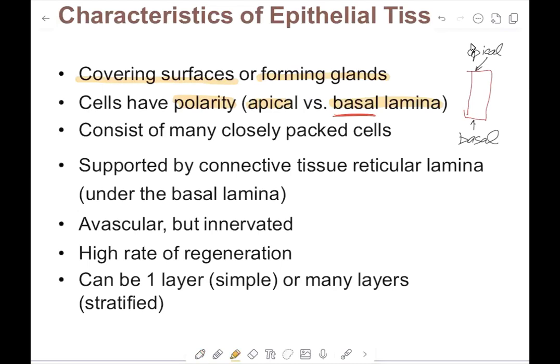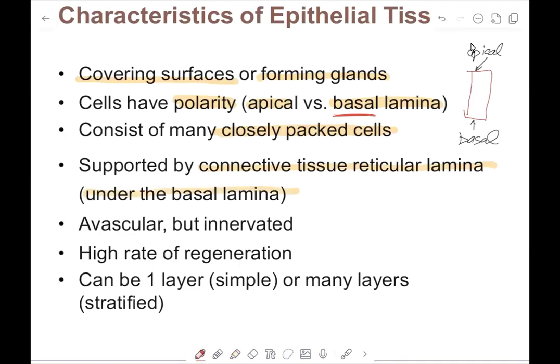Another characteristic of epithelium is that the cells are closely packed together. So when you differentiate between different types of tissues, this is one important characteristic that's only in epithelium. With connective tissue, the cells have a lot of space between them. It's supported by connective tissue, reticular lamina, which is under the basement lamina.